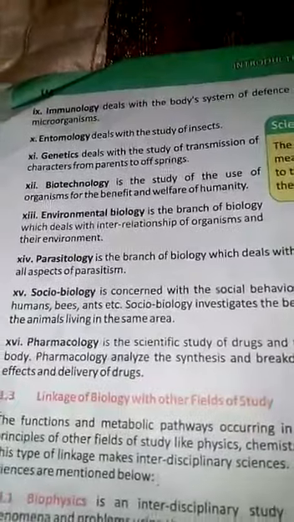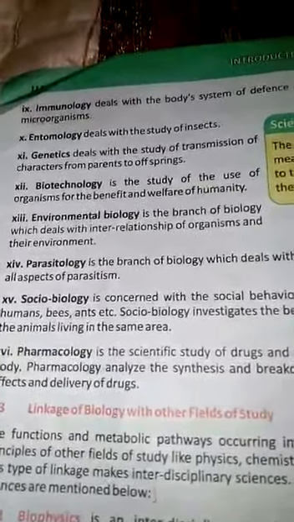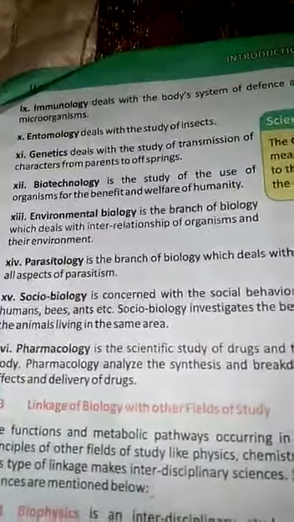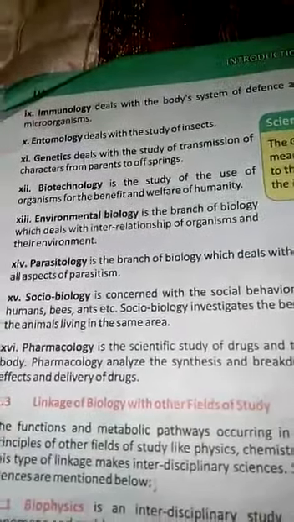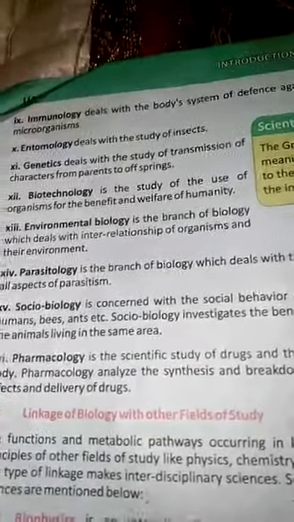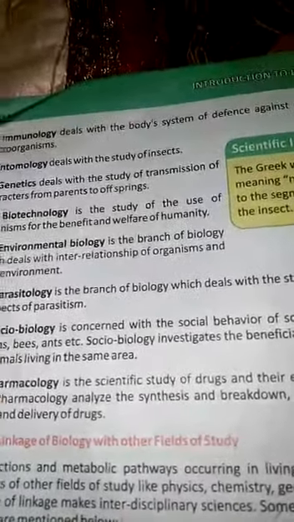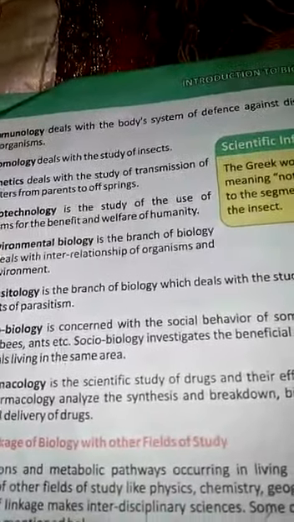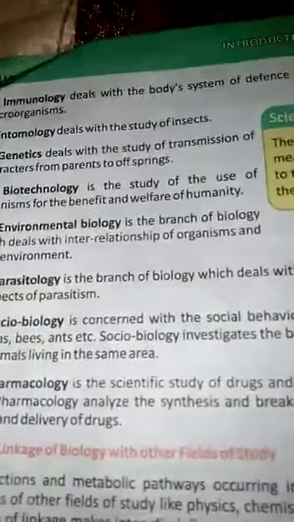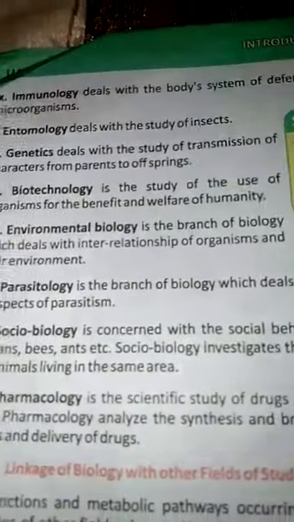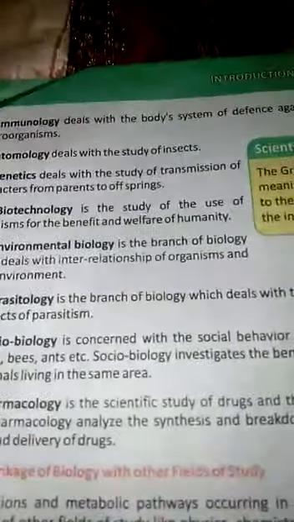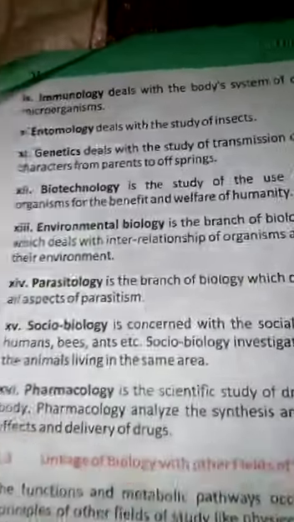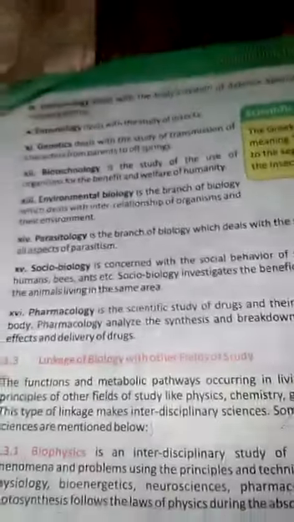Environmental biology. It is the branch of biology which deals with interrelationship of organisms and their environment. What is the relationship between organisms living in a specific environment and that environment? That is simply the study of the organism with its environment. That is studied in environmental biology.